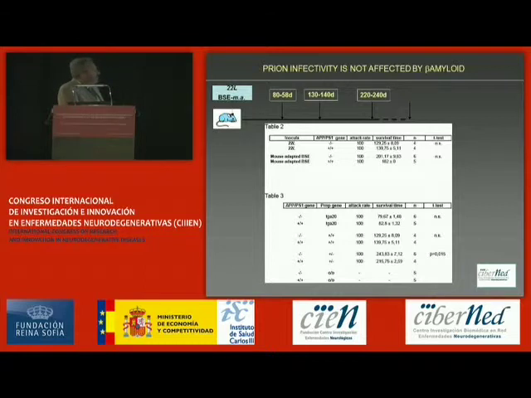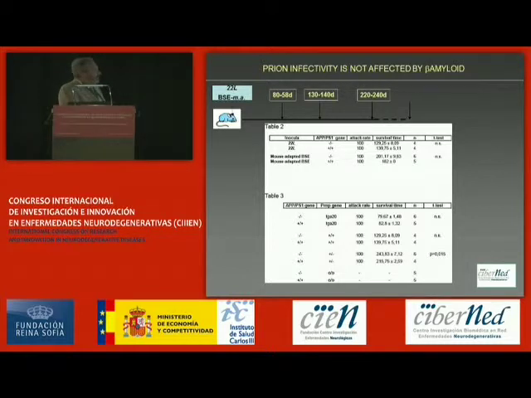And the second type of experiment was just to show, using 22L, that the prion is only sensitive to the amount of PrPC in the brain. So mice without PrPC are never infected.